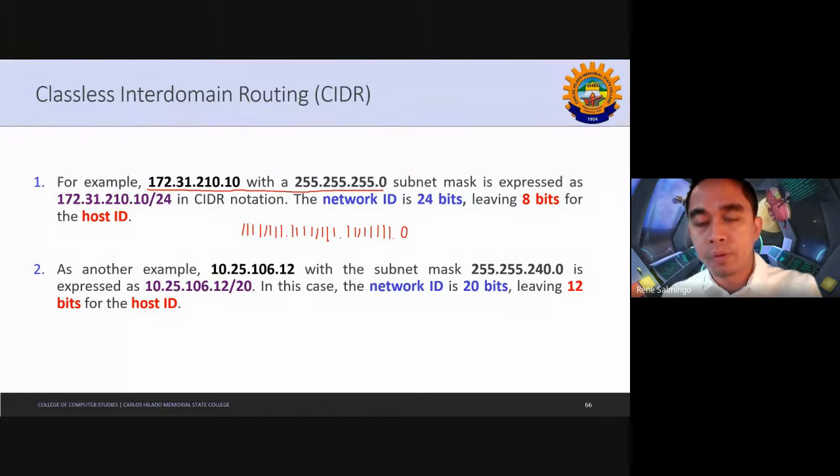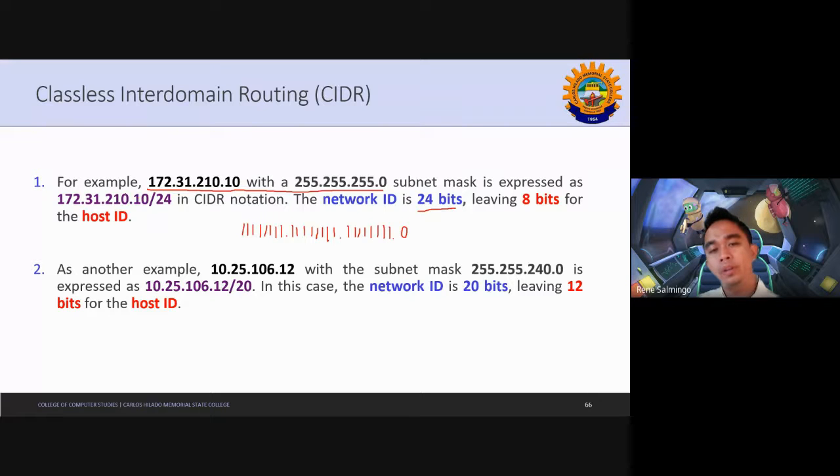How many ones do we have? So eight. Okay. Each octet we have eight. So 8 plus 8 plus 8 is equal to what? 24. So you just put the answer. The answer would be the CIDR notation.